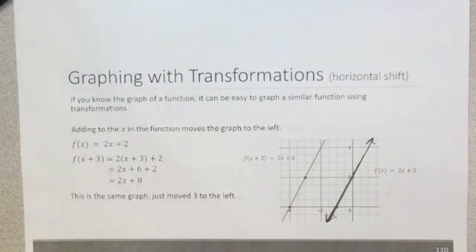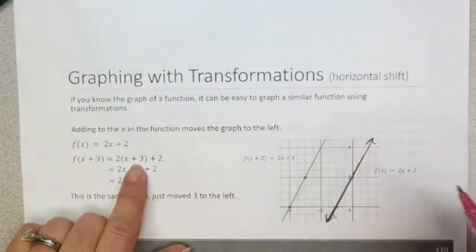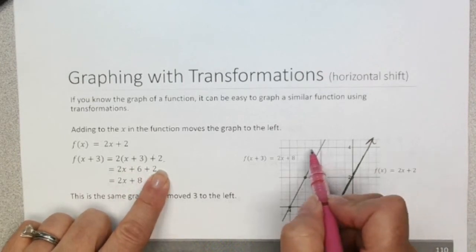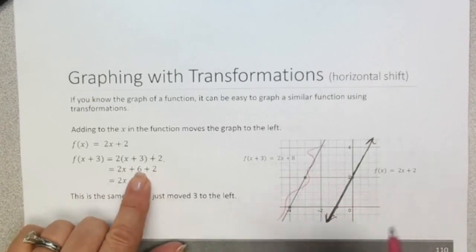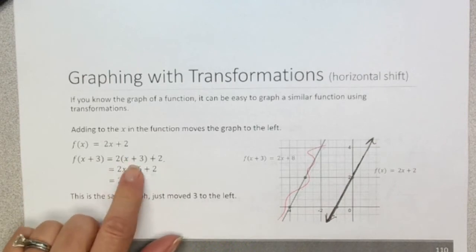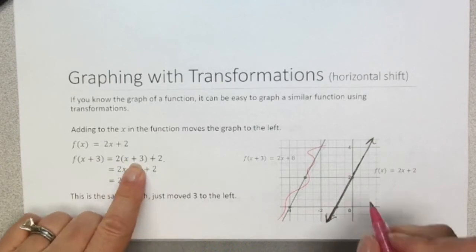Anyway, what that does is that shifts the graph to the, my graph is not correct here, is it? That's not right. It's going to shift the graph to the left 3 units.